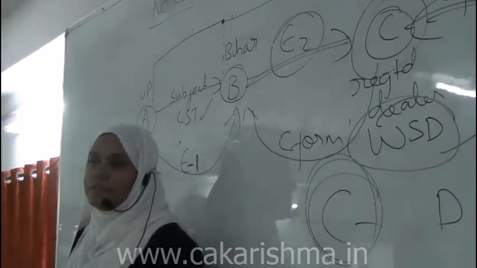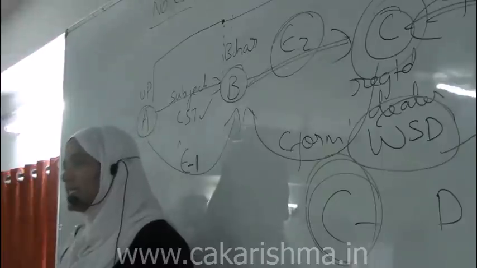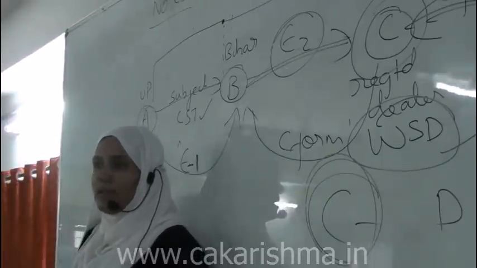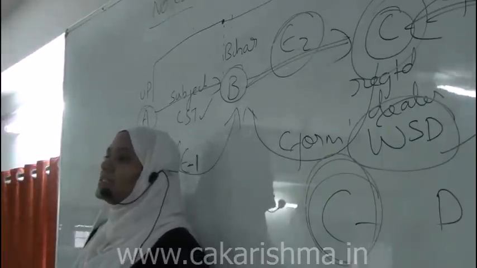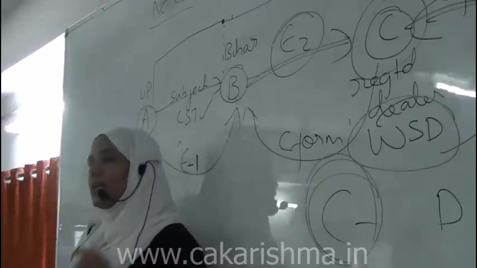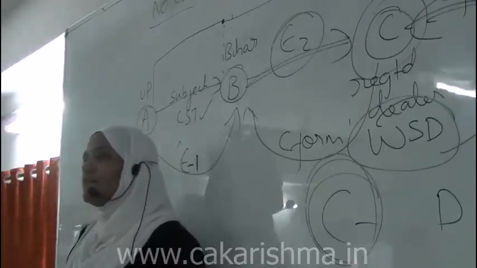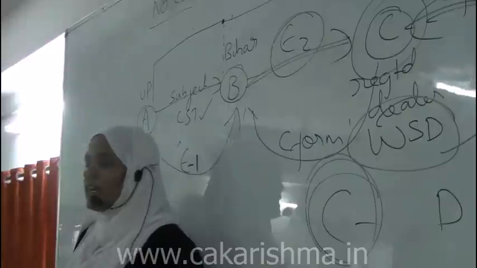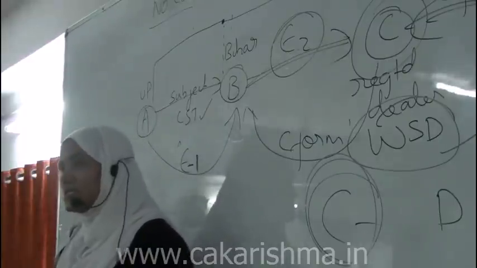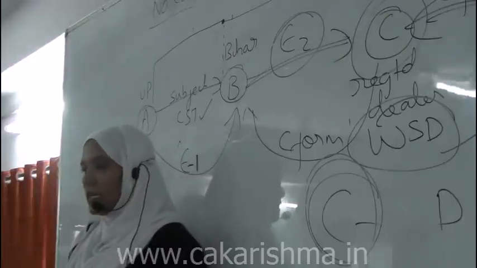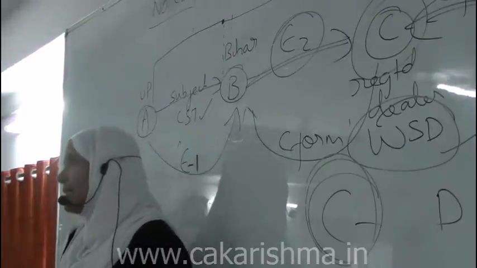Now quickly tell me what we have done so far. What is interstate sale under 3A and 3B? Then we have learned what are the exceptions to CST. Quickly revise what are they? First, import export, section 5. Then penalty paid sale. Then subsequent sale.